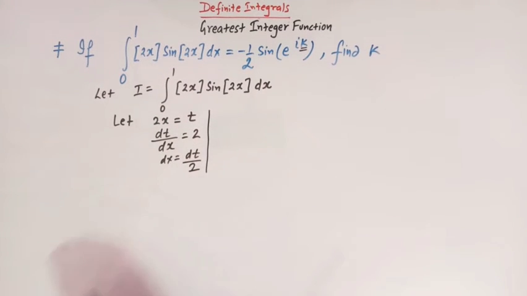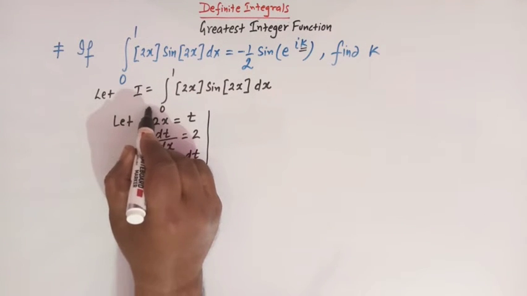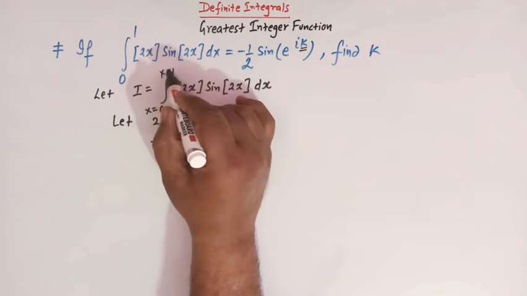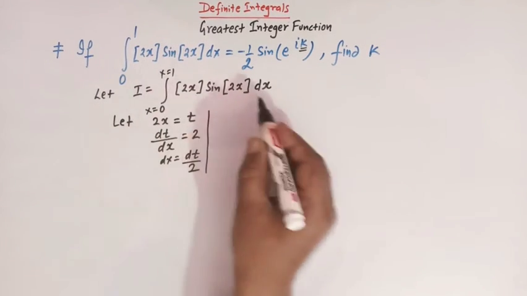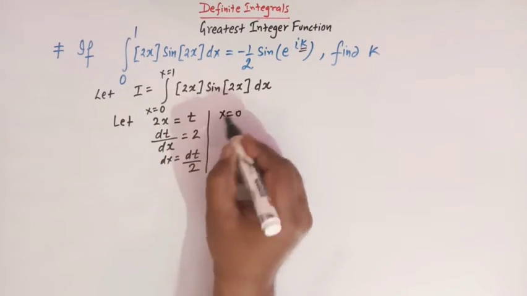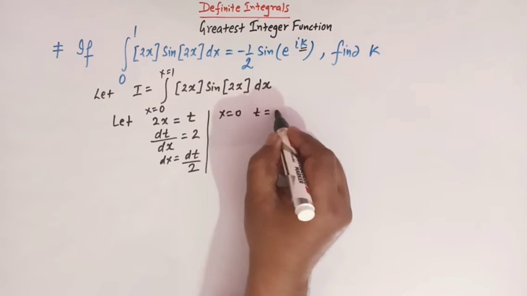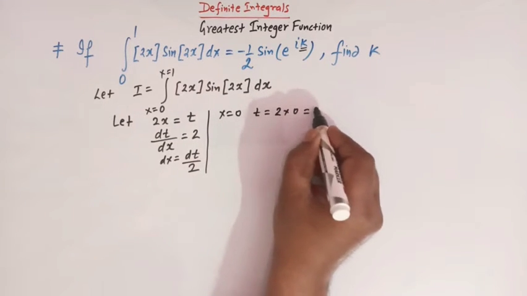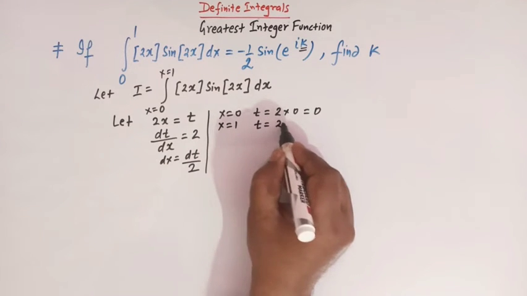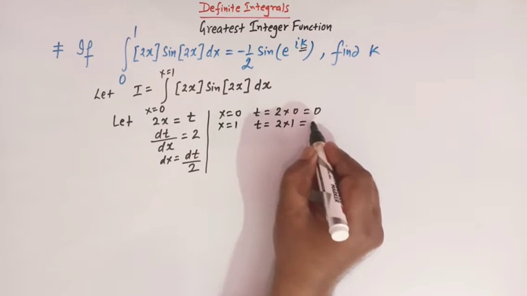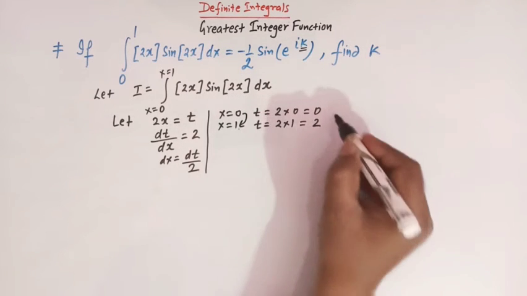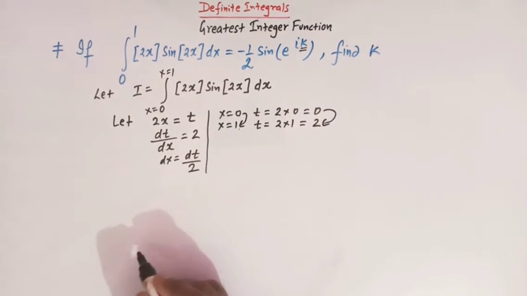Now here we see that the lower limit is 0 and the upper limit is 1, so we'll change the limits accordingly. When x is 0, t is equal to 2 times 0, that is 0, and when x is 1, t is equal to 2 times 1, that is 2. So when x varies from 0 to 1, t varies from 0 to 2.